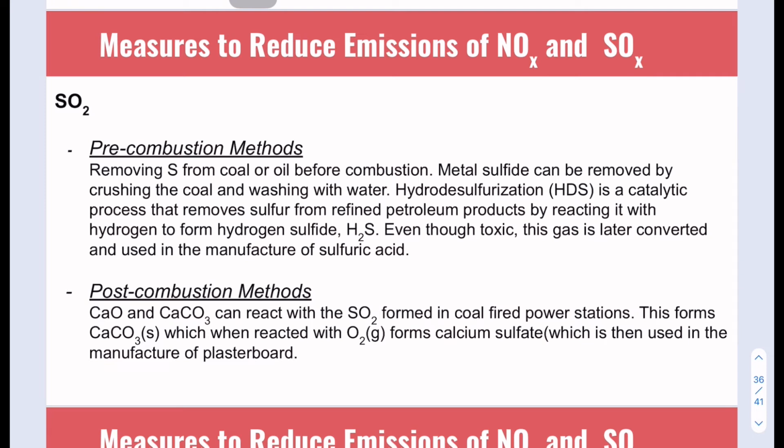Okay, but of course, as you can imagine, these extra methods can cost more money, and a lot of companies do not like having to do this because it will affect their profit margins. So it is up to people and governments to have policies that prevent private companies from using methods that are going to increase the amount of oxides of nitrogen and sulfur in the air.